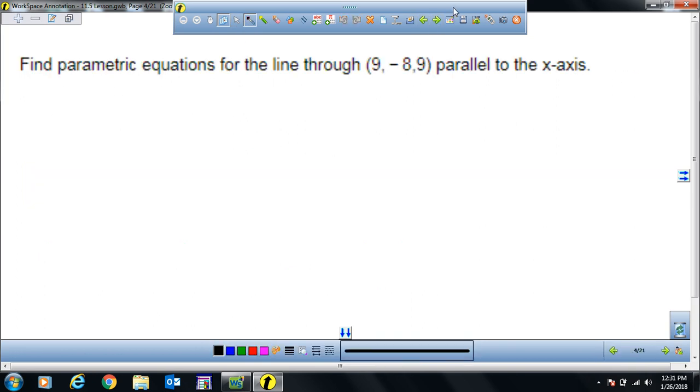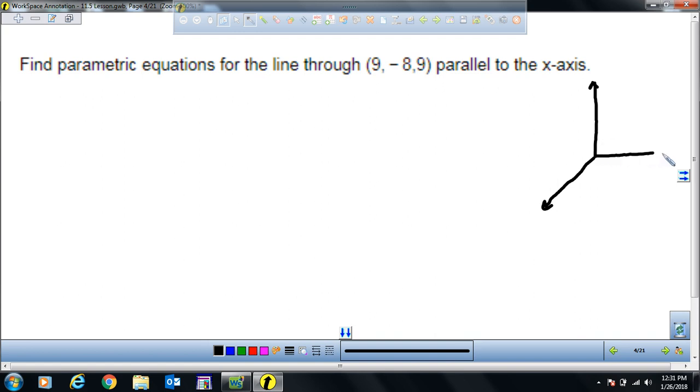Next, find the parametric equations for the line through (9, -8, 9) parallel to the x-axis. Now, I want you to think of a line that is parallel to the x-axis before I actually get the equation so you can visualize it. You don't need to draw a sketch, but this is going to help us understand something.